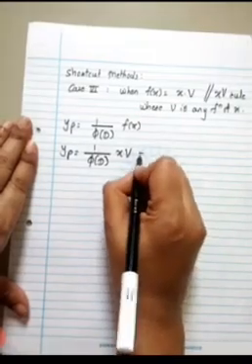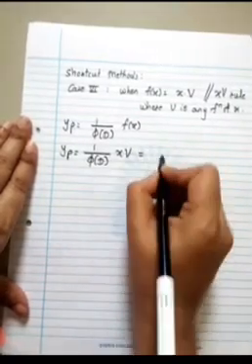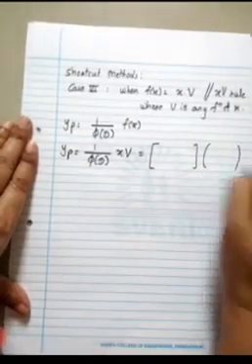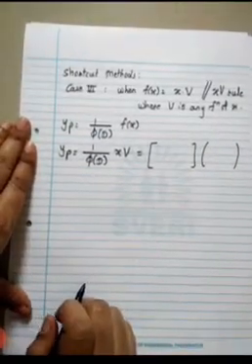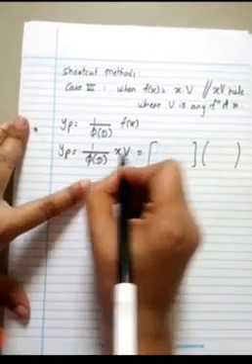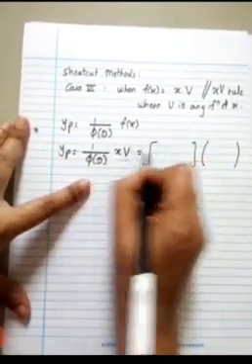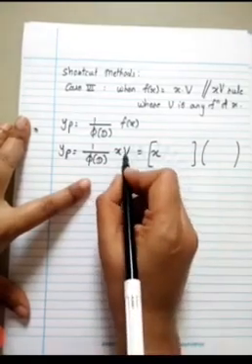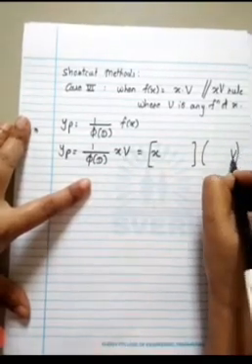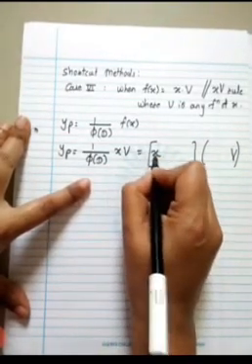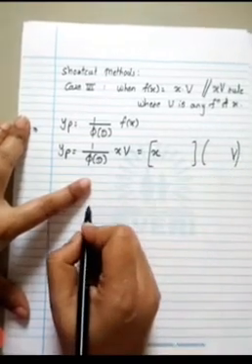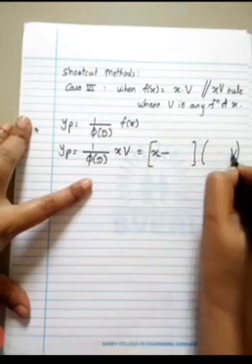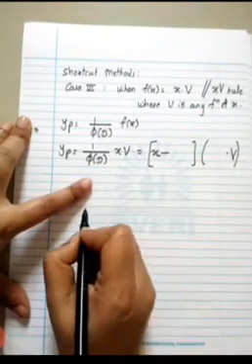Whenever there is x into v, you must remember a two-bracket formula, one square and one curly. In the first bracket we write x first, and in the second bracket we write v last, x into v. In the first bracket we write minus, and in the second bracket into.